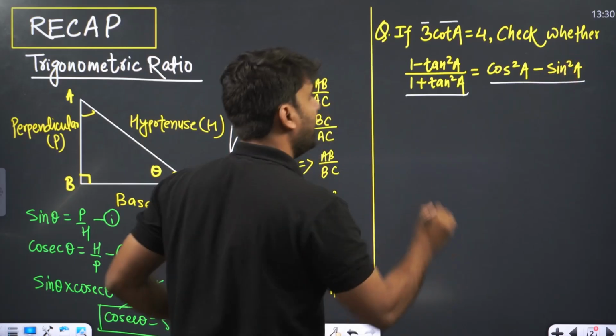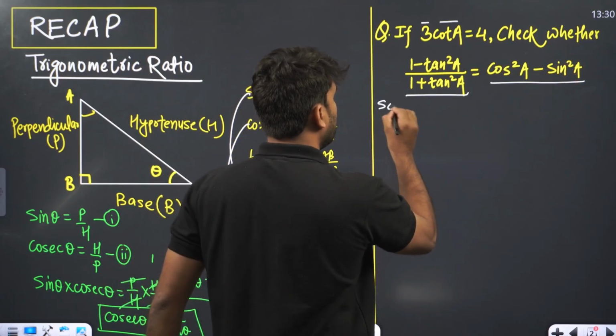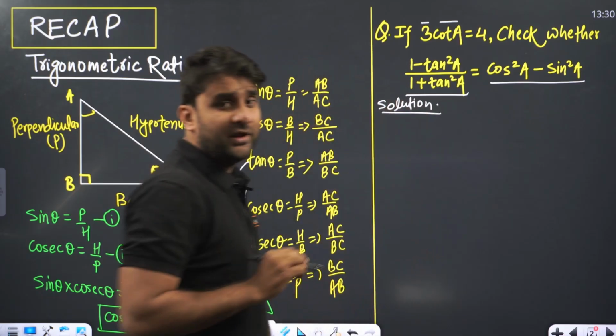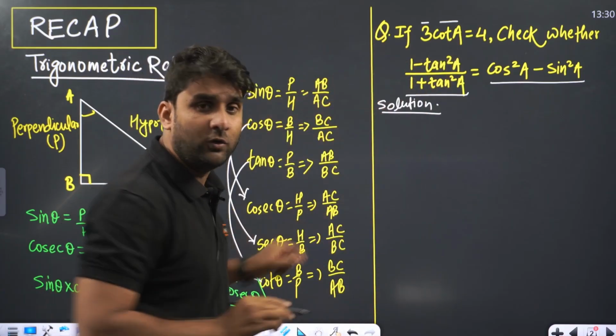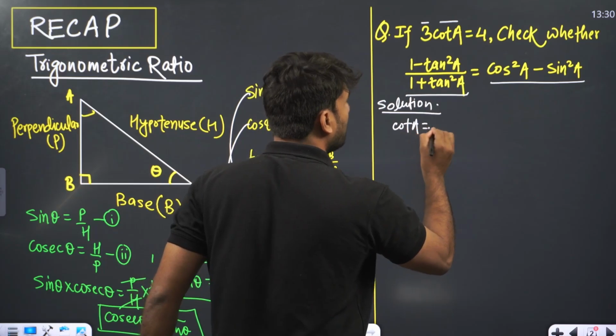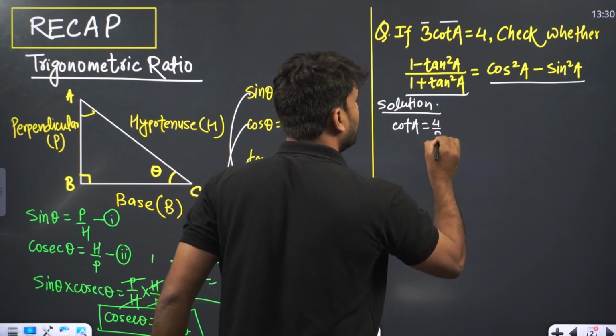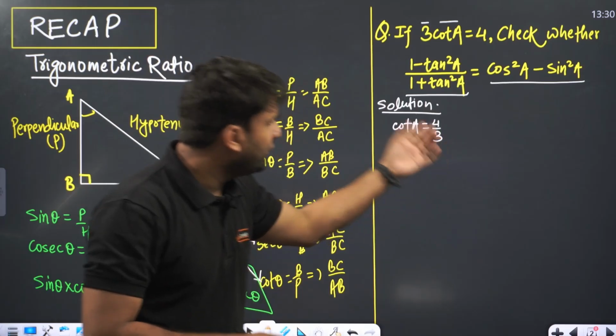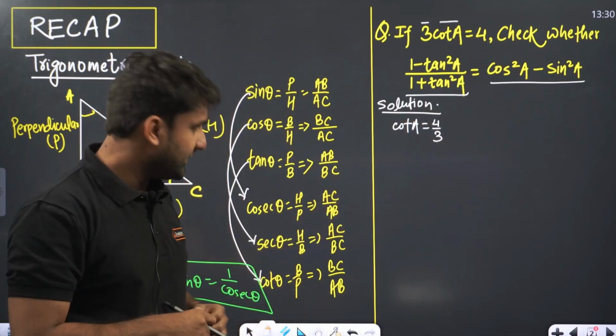I am doing the solution, guys. Please focus everyone, class 10 students. If 3 cot A is equal to 4, so we can write cot A is equal to 4 by 3. Clear everyone? Cot A is equal to 4 by 3. Clear? Okay.